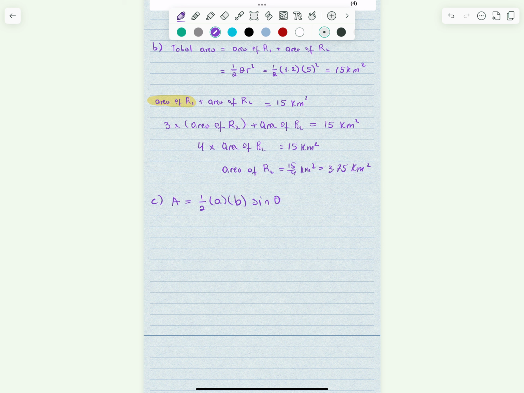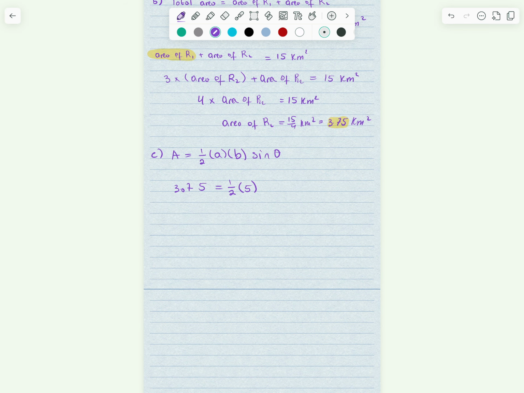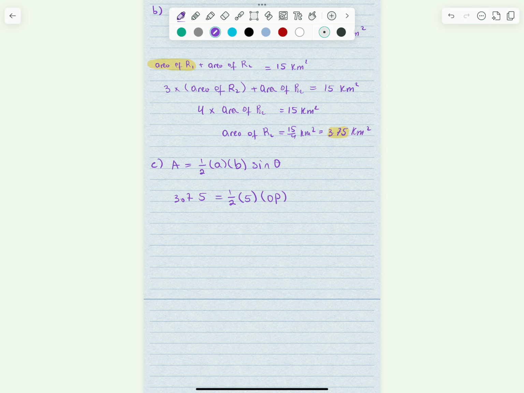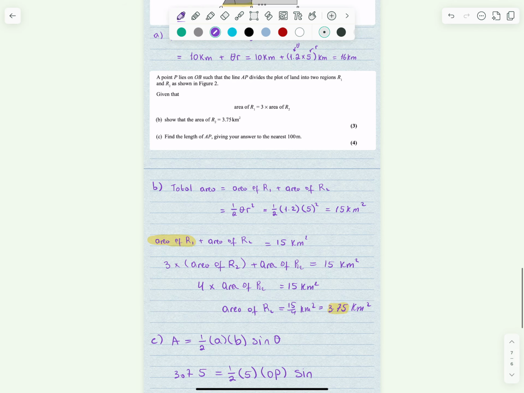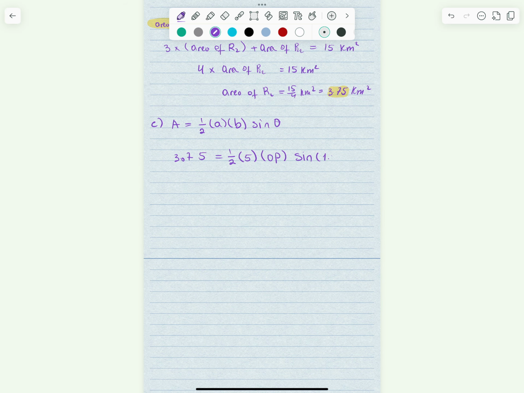If I apply this to this triangle, I know the area of that triangle, which is R2, 3.75, equals 1/2 a b, where a is 5 kilometers and b is OP, which we are looking for, and the sine of the angle between OP and OA, which is 1.2. Let's multiply both sides by 2 and divide by 5 sine 1.2.